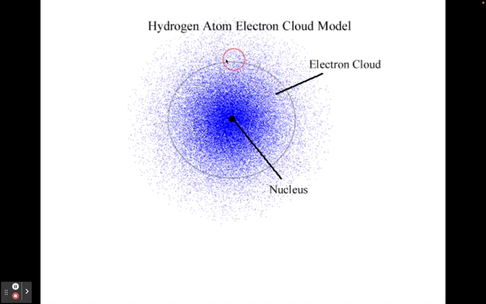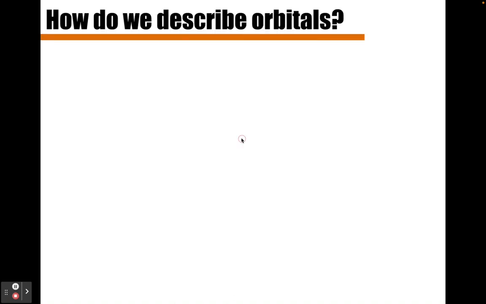This circle represents the area or the sphere, the surface in which you have 90% probability of finding the electron somewhere within this sphere here. Out here would be 10%, but you have a 90% probability of finding it in here. So this would be an orbital for the electron in hydrogen.